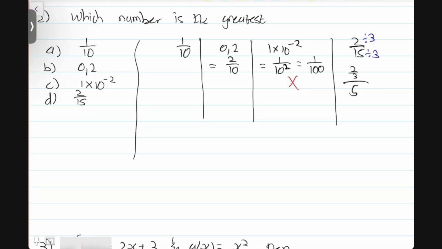Now, if I multiply everything by 2, I'm going to get 4/3 all over 5. Now, let's figure out what 4/3 is.